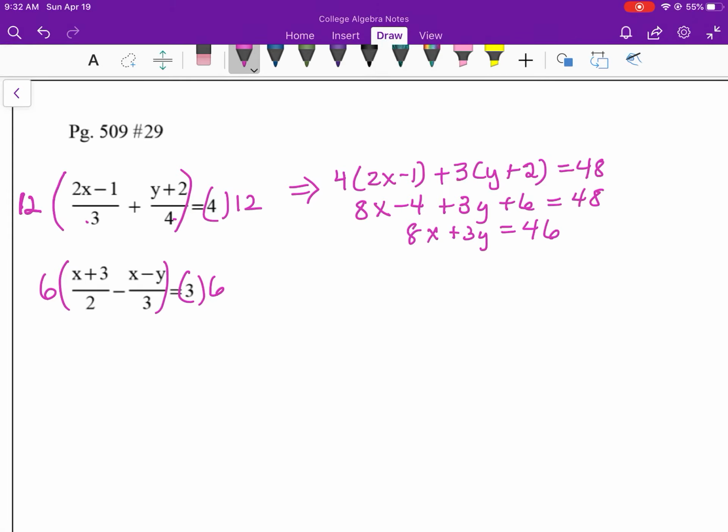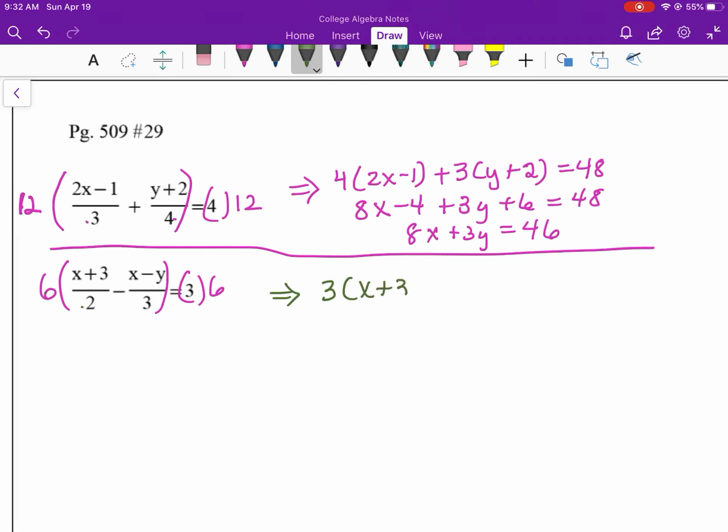If I take care of this one, multiply by 6, 2 goes into 6 3 times, 3 goes into 6 2 times, oops, there's a minus sign there, and that would equal 18.